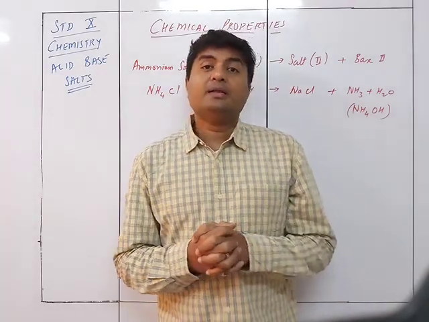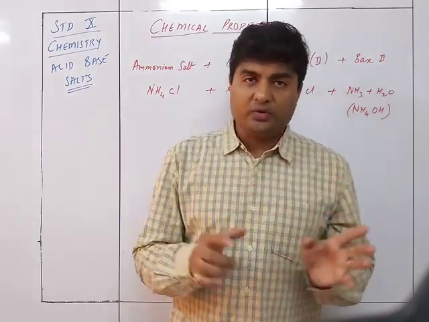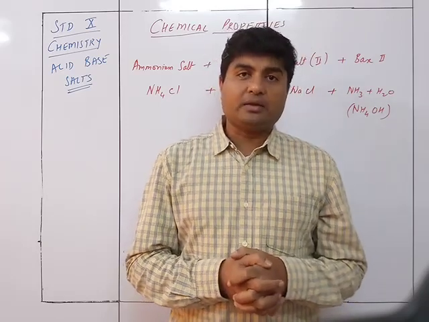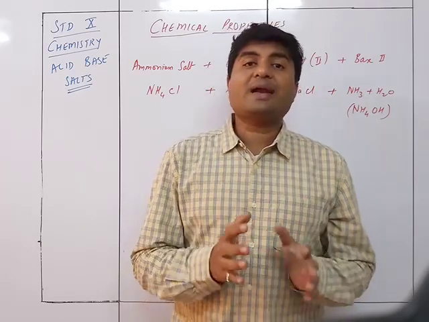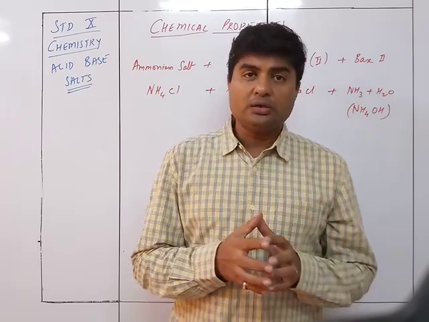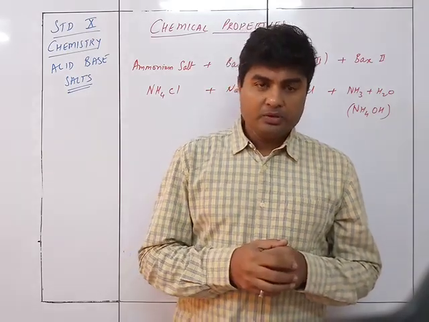So this kind of equation that we are learning now is used for analyzing what kind of metal was present in a salt, by the color of the precipitate. Let's take an example.